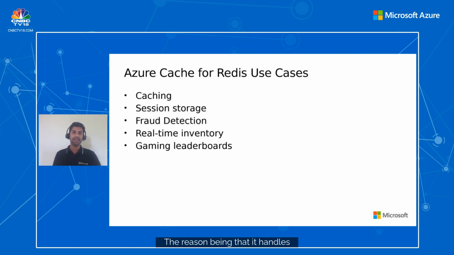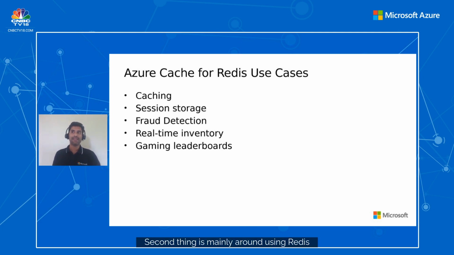The reason being that it handles millions of requests per second, and obviously Redis is highly available and performant, right? And in this case, there will be an intermediate layer because Redis is in memory. So the request will usually go to Redis, and then if the data is not available in Redis, that's when the database is queried, right? So this is one of the common use cases which you can find in every scenario.